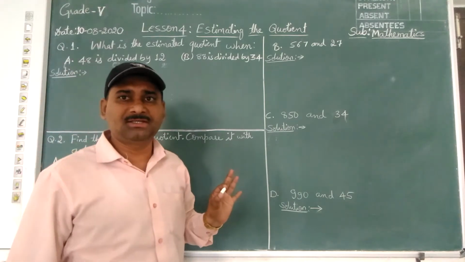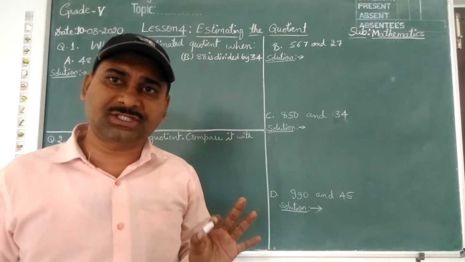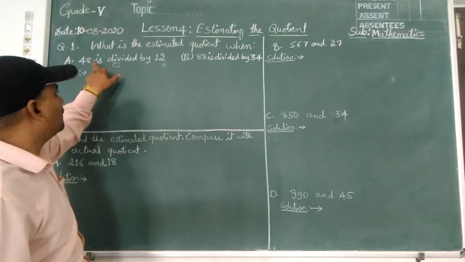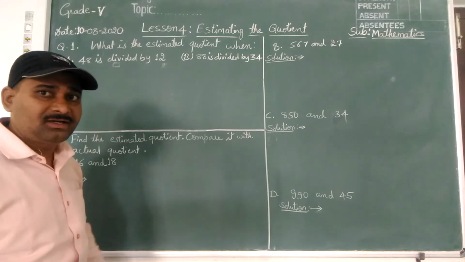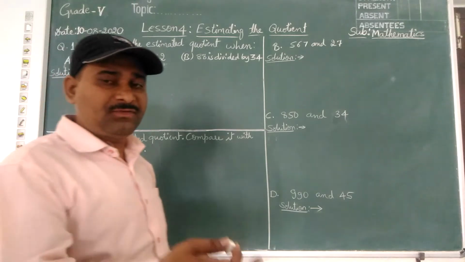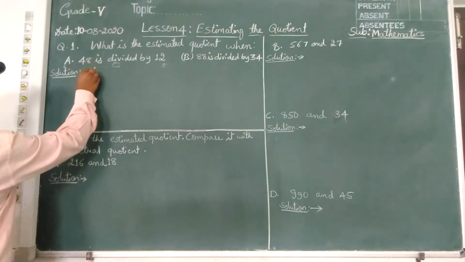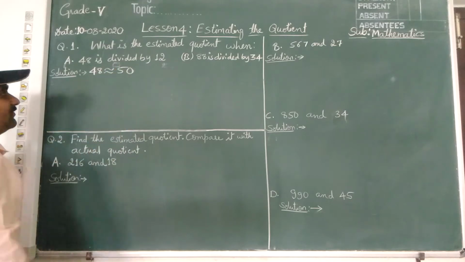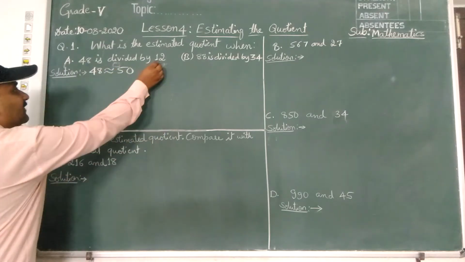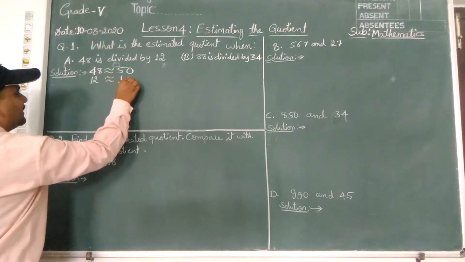Simple, the question is, we should find out the estimated quotient. To get the estimated quotient, we should round off the numbers 48 and 12 to the highest place, and after rounding off, we should divide. So 48, when you round off to the highest place, will be 50. 12, when you round off to the highest place, becomes 10.